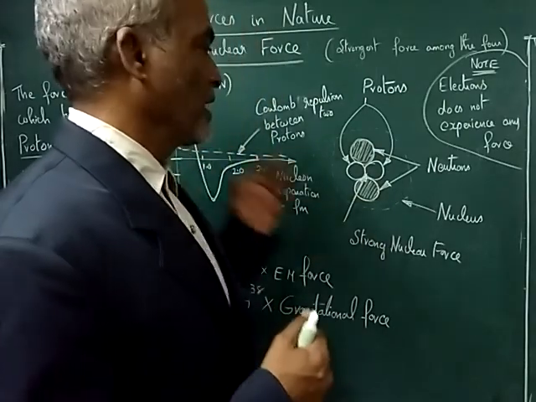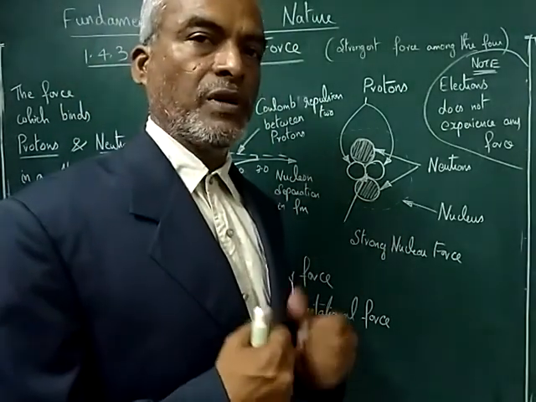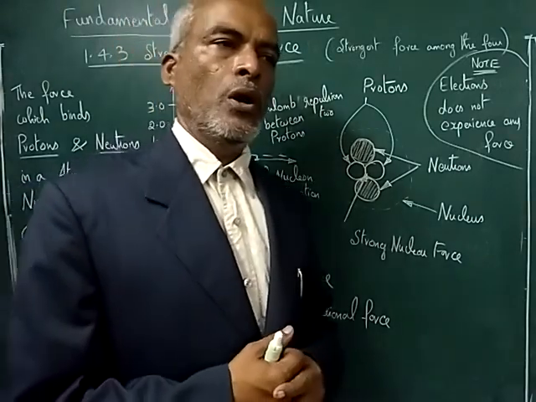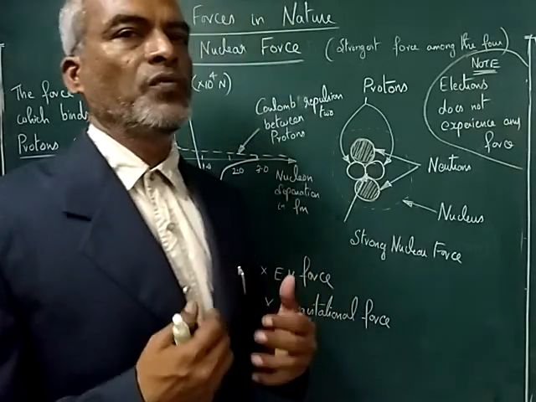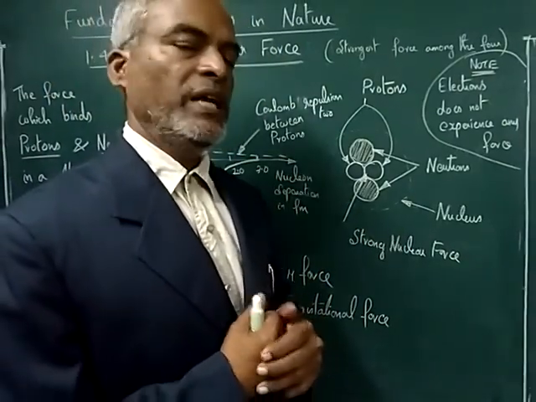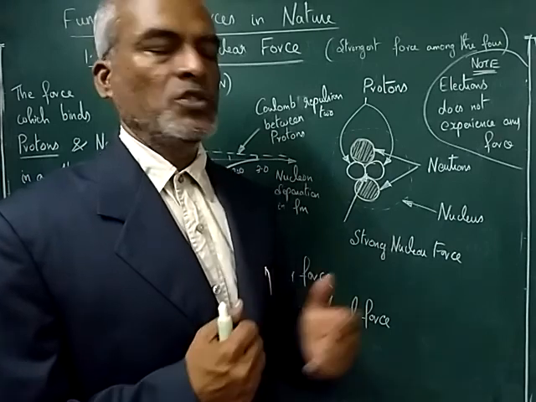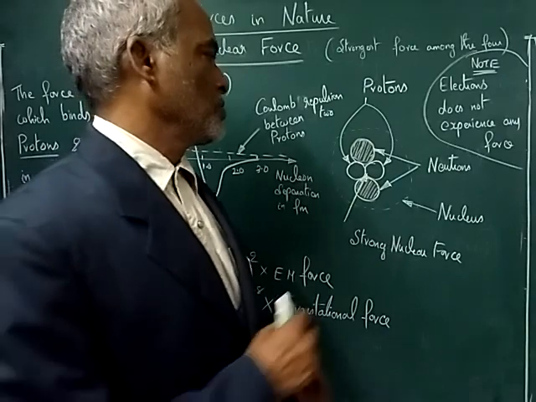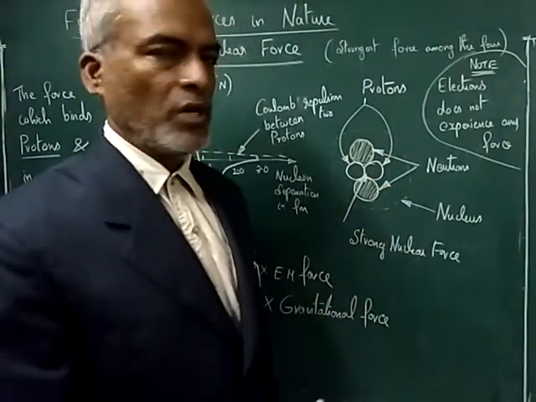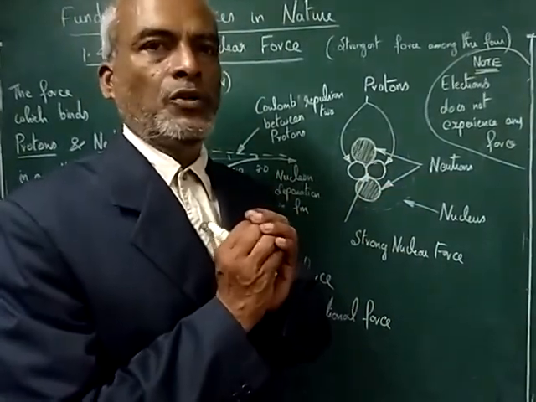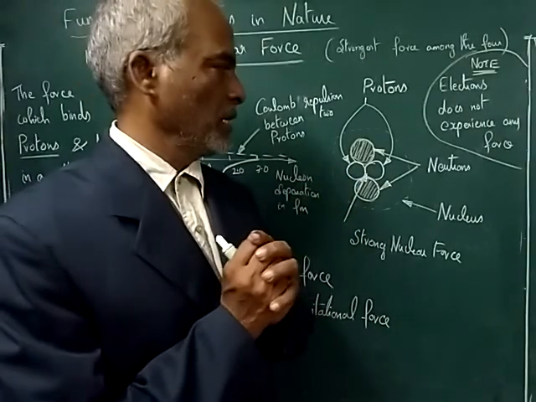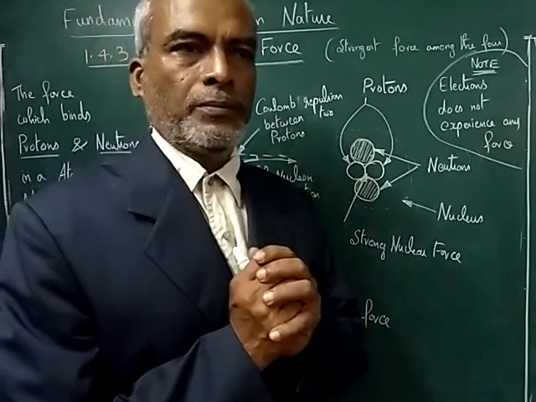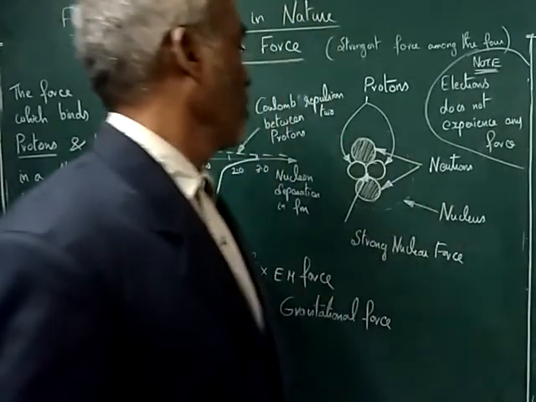Now we will see through the graph whether it is repulsive or attractive, compare it with Coulomb force also, and finally see what the strong nuclear force is and what its magnitude is. I have shown you only 4 nucleons, but a nucleus may have more than that, depending on the atomic number of the particular element.